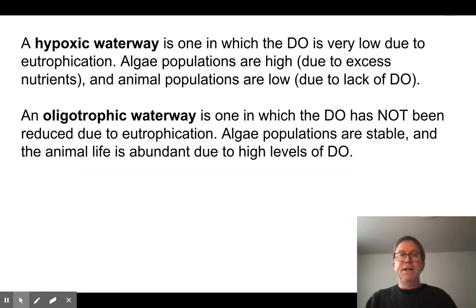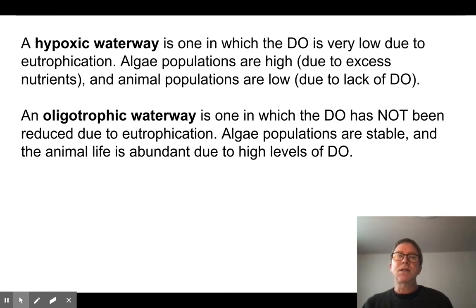Okay. Now, terms they sometimes use to talk about this. So hypoxia means a lack of oxygen, right? So if you're suffocating, you're suffering from hypoxia. So a hypoxic waterway is one that just doesn't have much dissolved oxygen in it. So you're going to have a lot of mortality of things like fish and shellfish and different kinds of crustaceans and things like that.